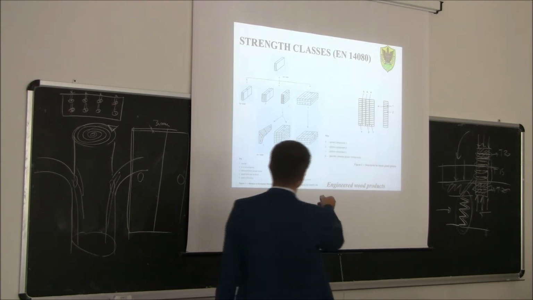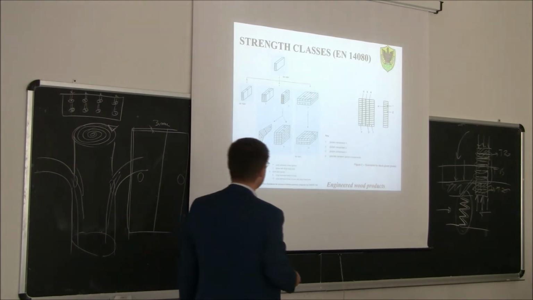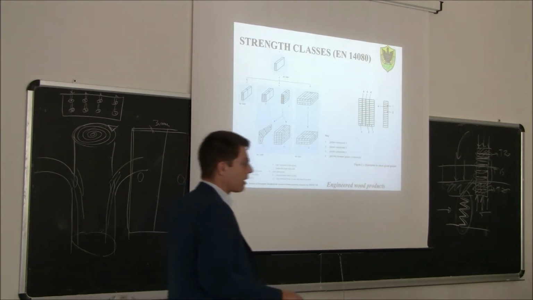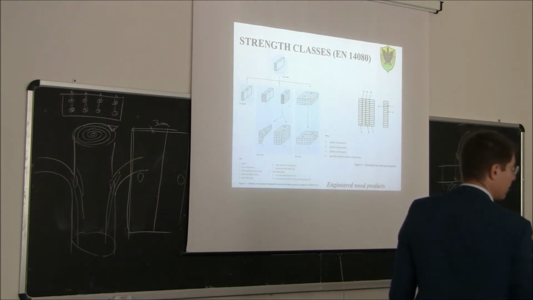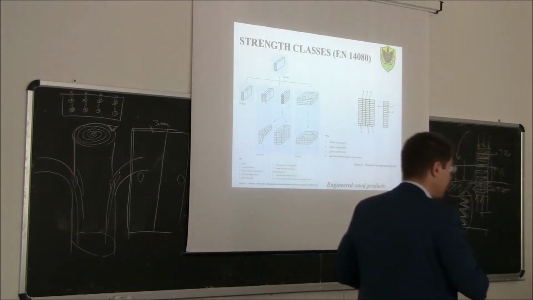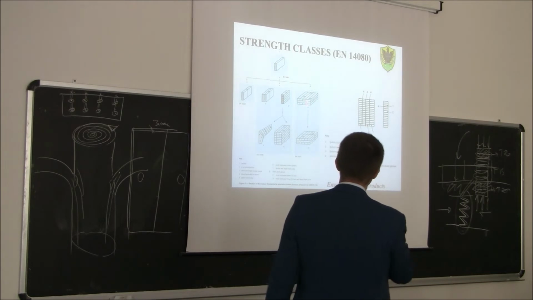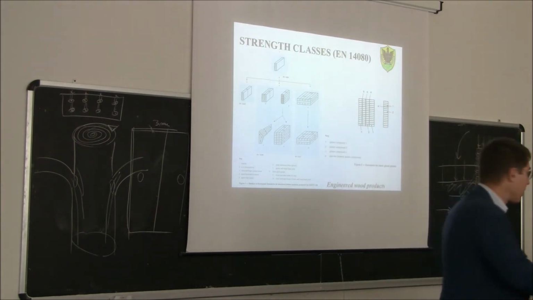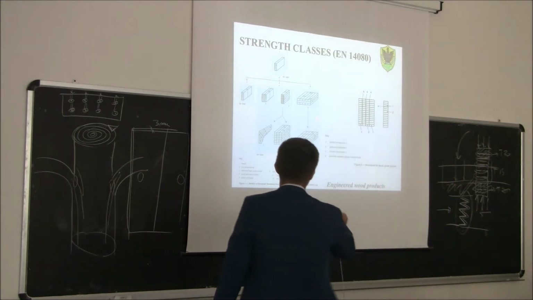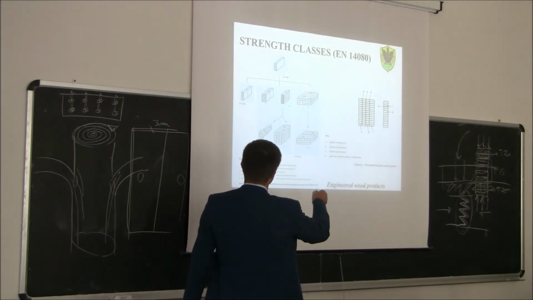So cross-lam, you see here in this column, is a plate-like product. In this case, you have again the finger joints between the lamination, but then you have a gluing between lamination arranged in a perpendicular direction. So you can see here in the cross-lam, we have a layer of boards running in this direction.